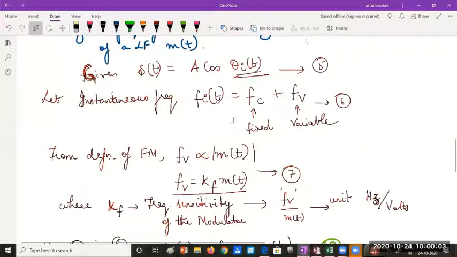frequency. So from the definition of FM, we can say the variable frequency is proportional to the amplitude of the message, or it is proportional to the message.